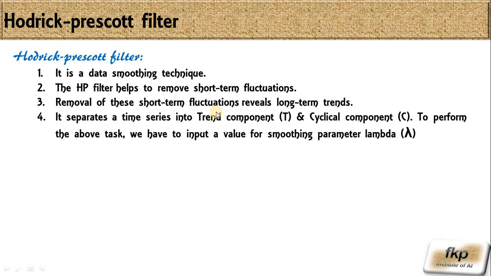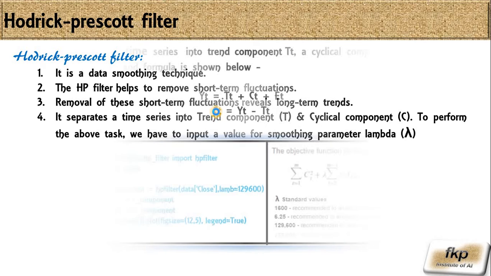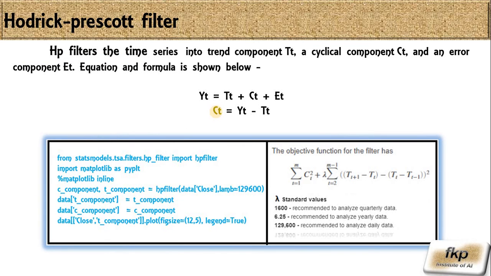Okay, and let's go to its formula and the way it works. The HP filter separates trend component and the cyclic component from our given time series. So you can observe here, this is the time series YT, this is a trend component, and this is a cyclic component. It includes all seasonality, the cyclic component, and residual, plus some error term.